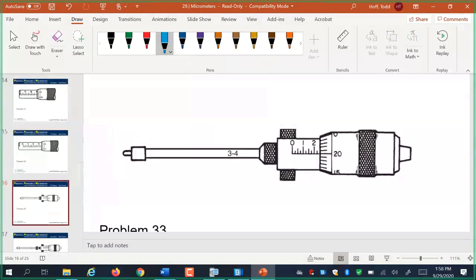Let's read these first. This is an inside micrometer, or a depth gauge micrometer, basically. Our standard micrometers only have 1 inch of travel. They go from 0 to 1 inch. The reason for that is it's 40 threads per inch.